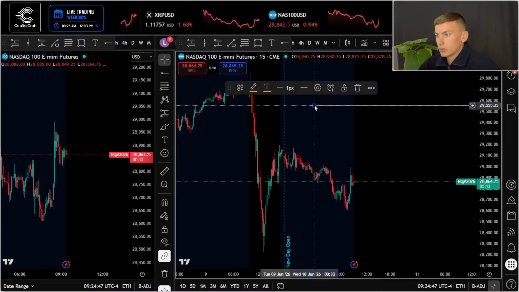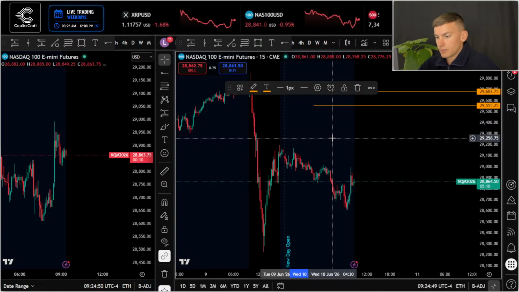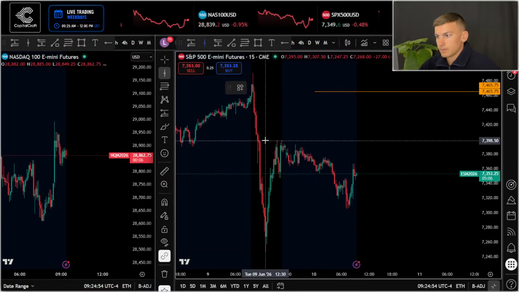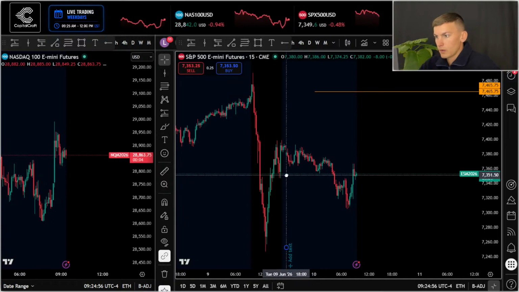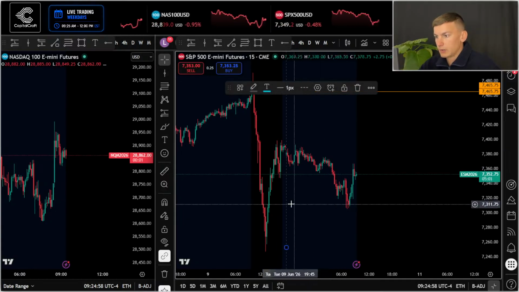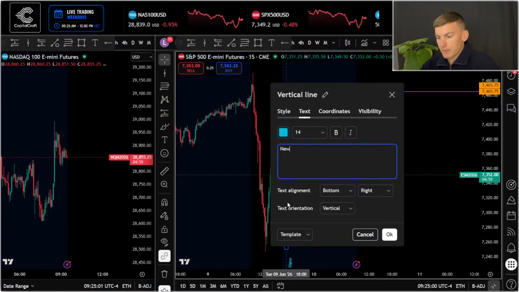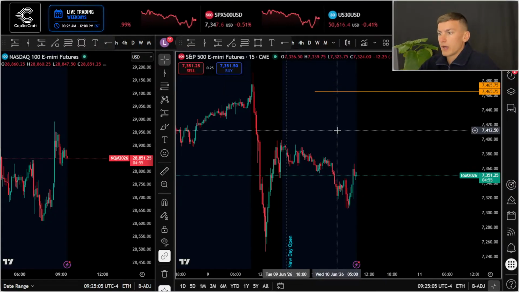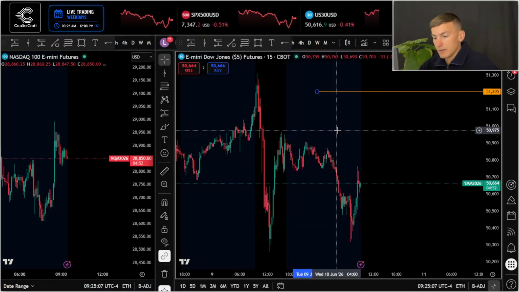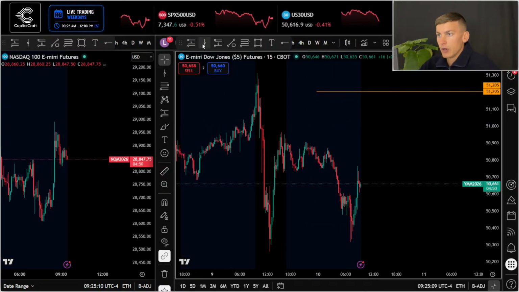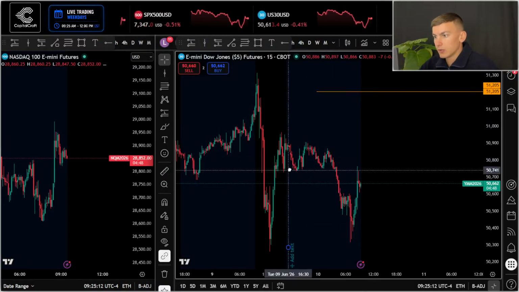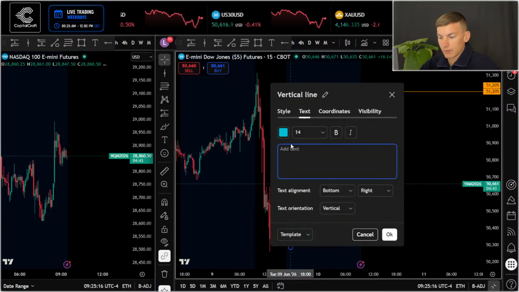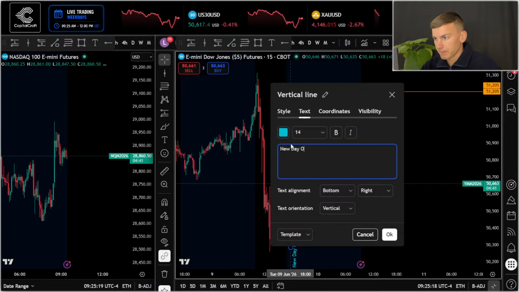And then I'm just going to draw out the vertical line on new day open for the Nasdaq, the S&P, and now we are on the Dow. Note that new day open is at 6 p.m. Eastern Standard Time. And it is like that for every single pair, okay?